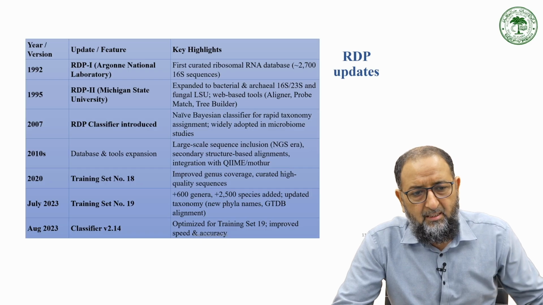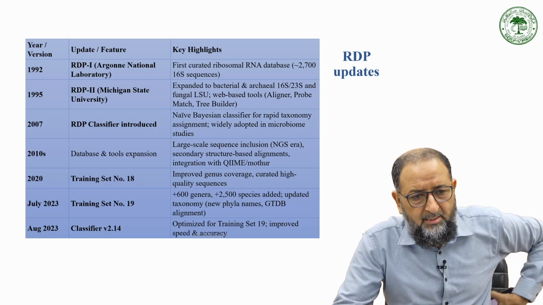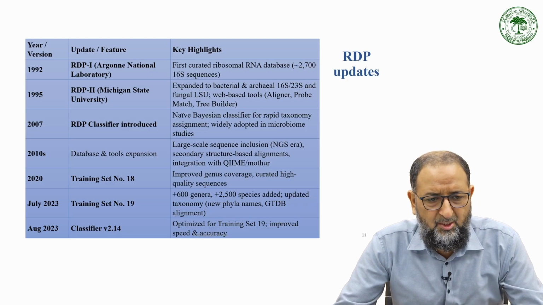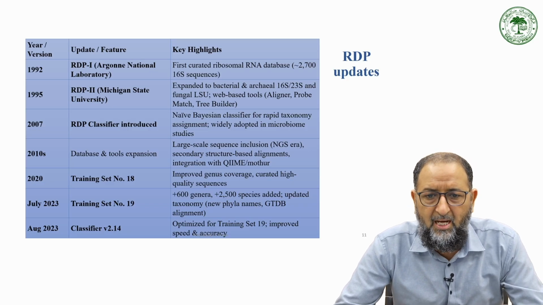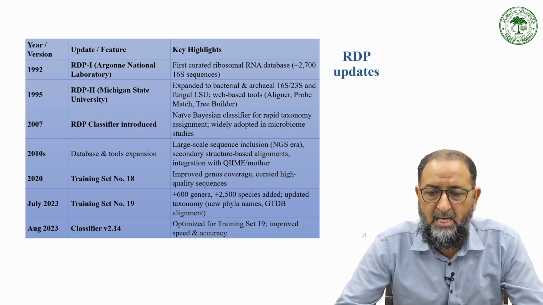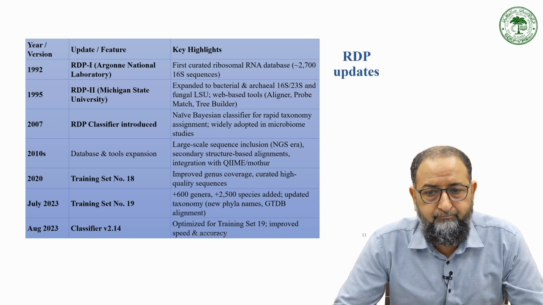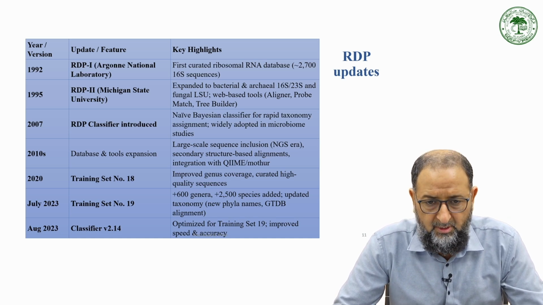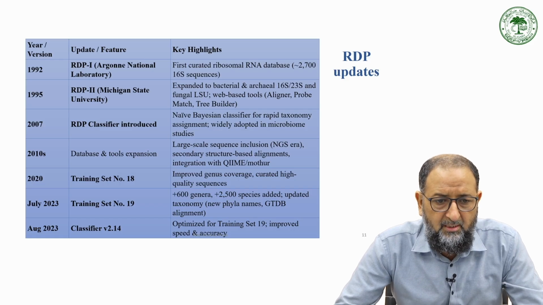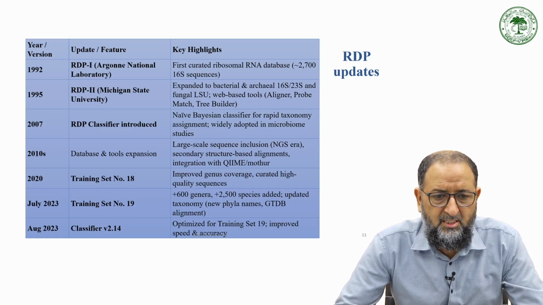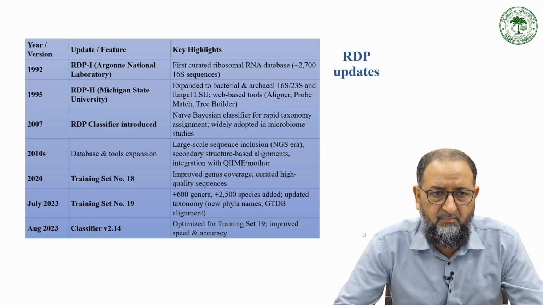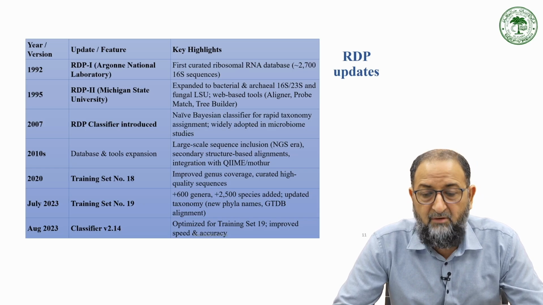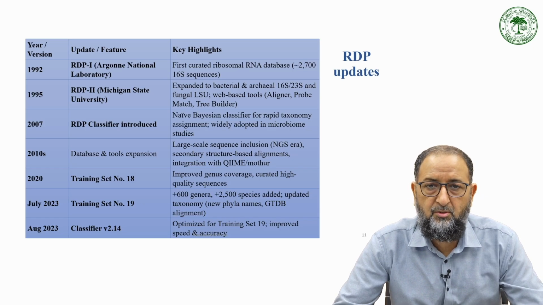In 2010, database tool expansion took place along with large-scale sequence inclusion from NGS, the new sequencing platform era where whole genome sequencing was done. In 2020, training set number 18, we gave updated features, called improved genus coverage and curated high-quality sequences.